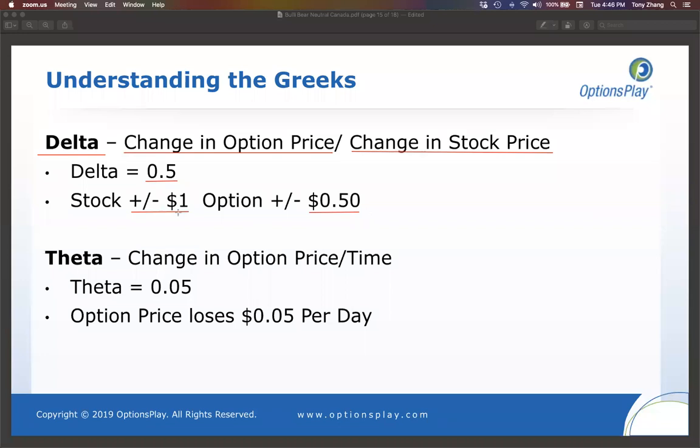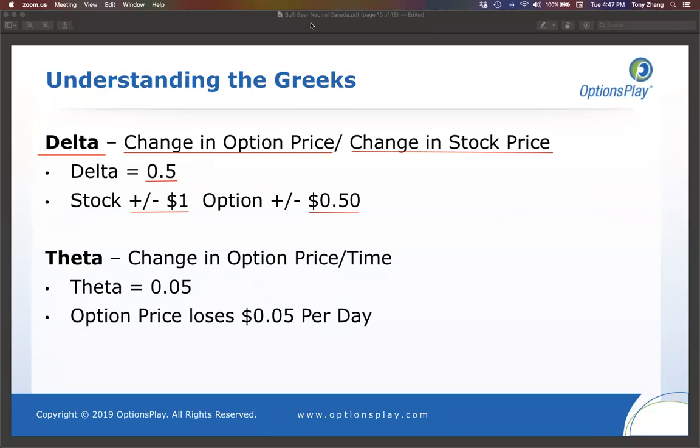So if the stock moves up by $1 and your call option moves up by 50 cents, that's actually a 10% increase in your option price when the stock only moved 1% higher. This is really the leverage that you get from options: even though it moves by a smaller dollar amount, because you start off with such a small dollar amount, it's actually a larger percentage move than the underlying stock.